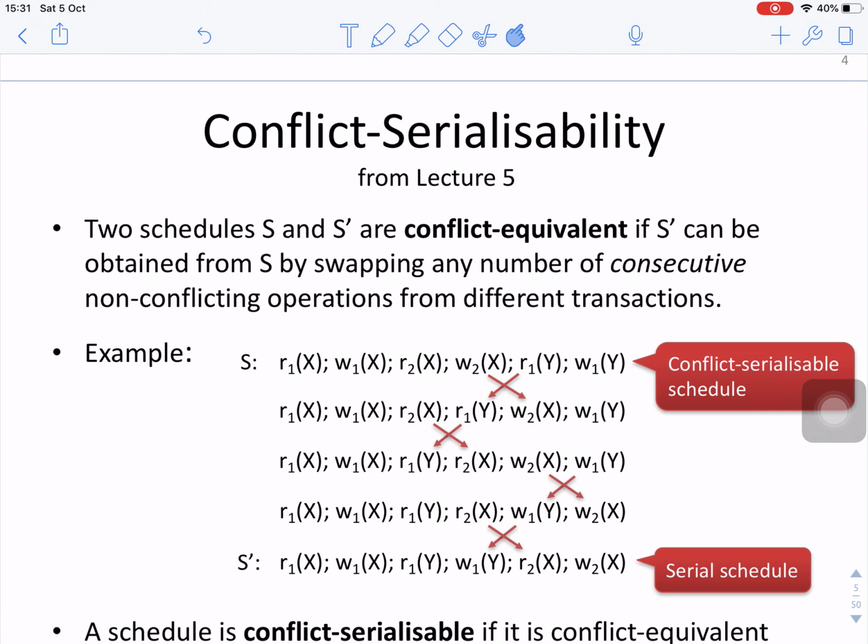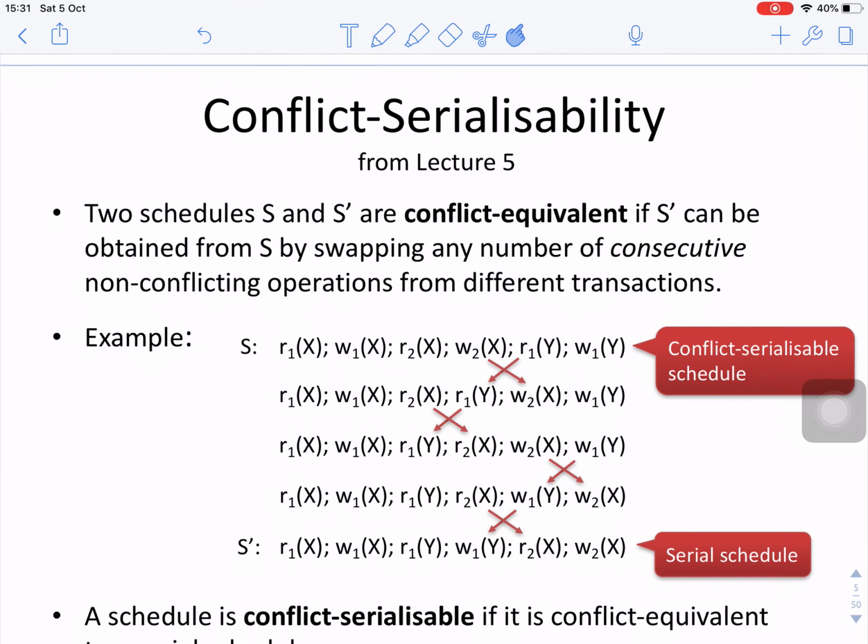Okay, so we are going to talk about conflict serializability. Two schedules S and S prime are conflict equivalent if S prime can be obtained from S by swapping any number of consecutive non-conflicting operations from different transactions.